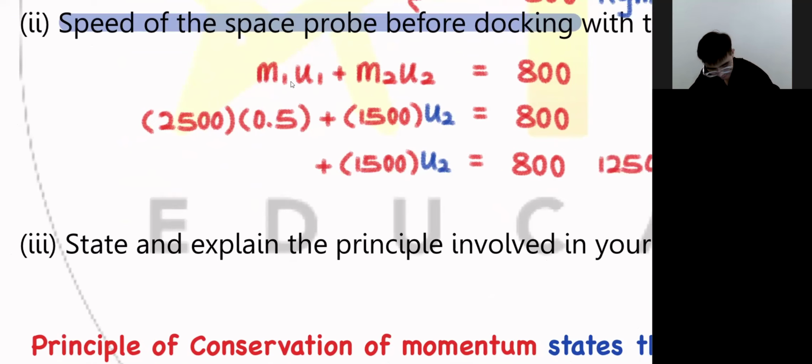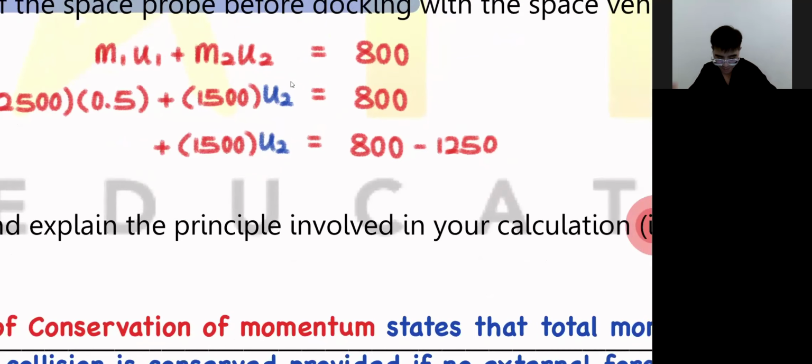is you move this positive value to the other side of the equation, and then it will become negative, because that was a positive value just now. So after moving, it will become a negative value, right? So it will be 1,500 times U2 equals 800 minus 1,250.